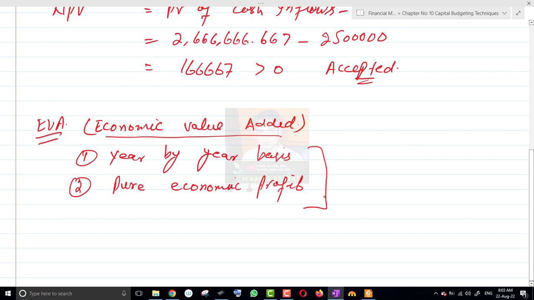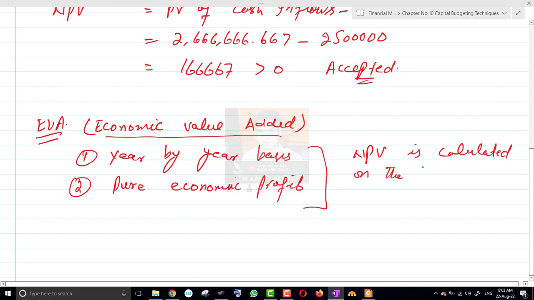The difference between NPV and EVA: NPV is calculated on the entire period of life. NPV is calculated for the entire period, but the economic value added shows you the economic profit on a year by year basis. Then you can make a decision very easily and quickly.